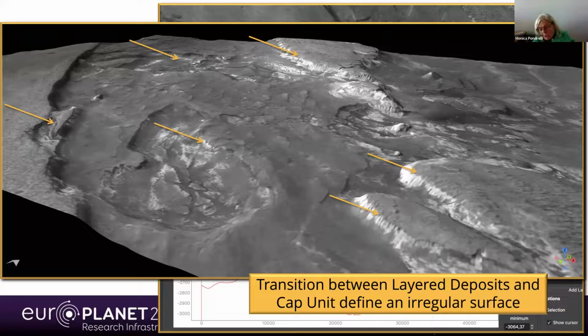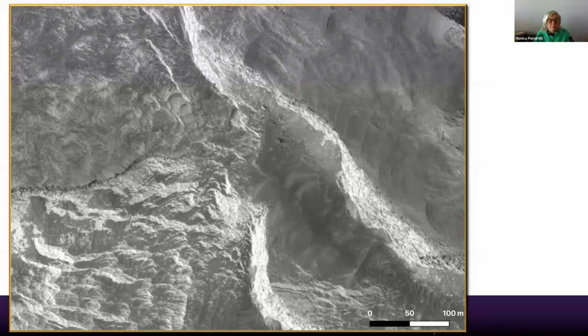This means that the transition between the layer deposits and the cap unit define an irregular surface. We have an irregular surface, and then the transition between layer deposits and the cap unit. I don't know if this is an iris image, maybe here it's too close, but again, just to give an idea of this, we have the transition between layer deposits and cap unit.